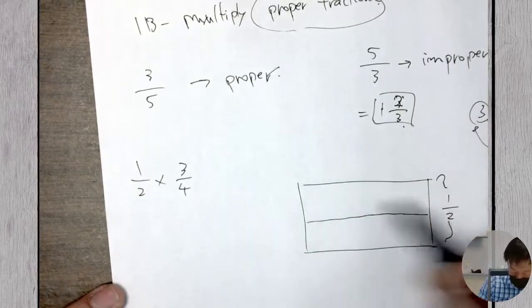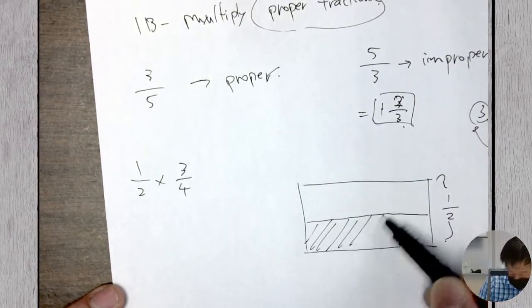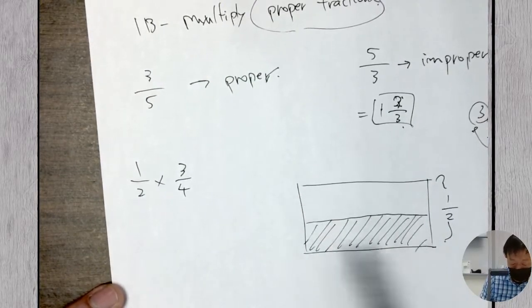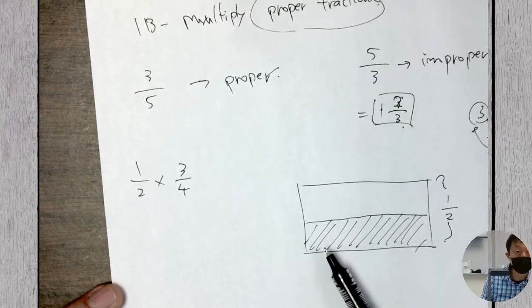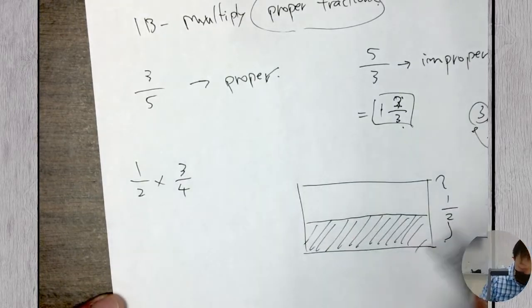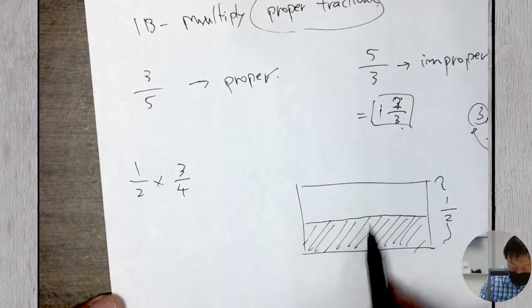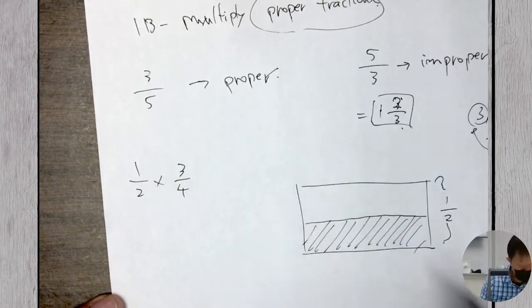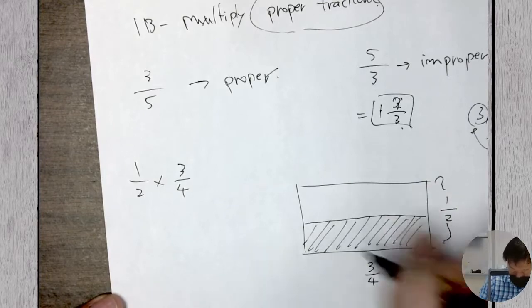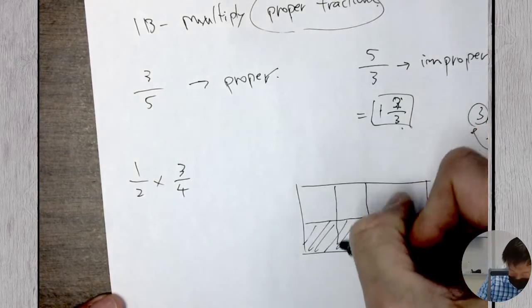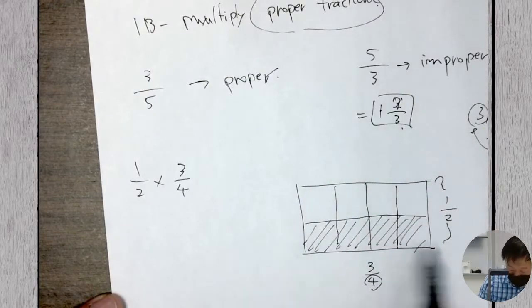It's 1/2 of the entire thing, so I get 1/2 to start with. Make sense? So this half of this rectangle represents half of the rectangle. 3/4 though means that I'm going to take what I have that is right here and chop into 4 parts and take 3. Okay, 3/4 means I'm going to chop everything into 4 parts and take 3.